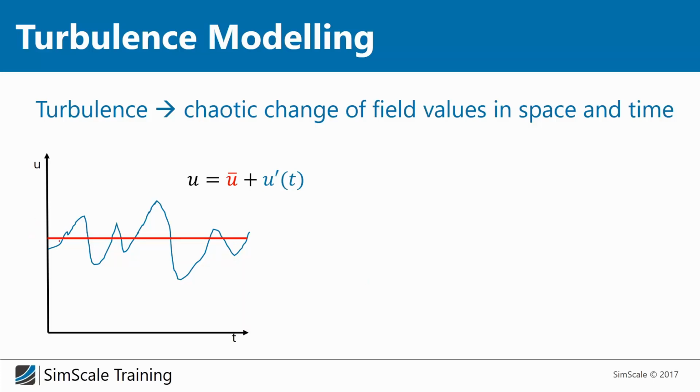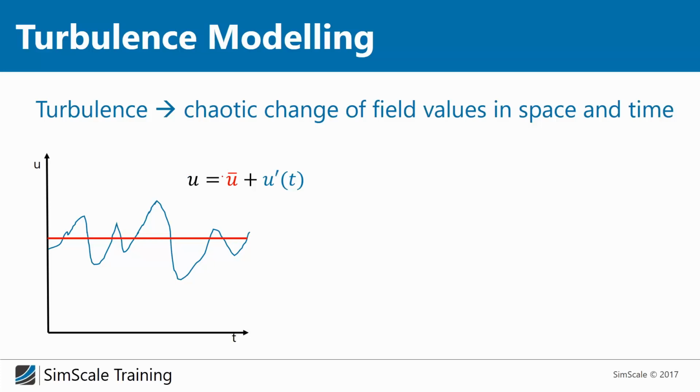One option would be to completely resolve this turbulent profile, but these fluctuations are very small. So what can I do instead? I can only consider the average value. So that's what I want to do at the very first step. Instead of taking a look only at the standard velocity, we will divide the velocity first into two components.